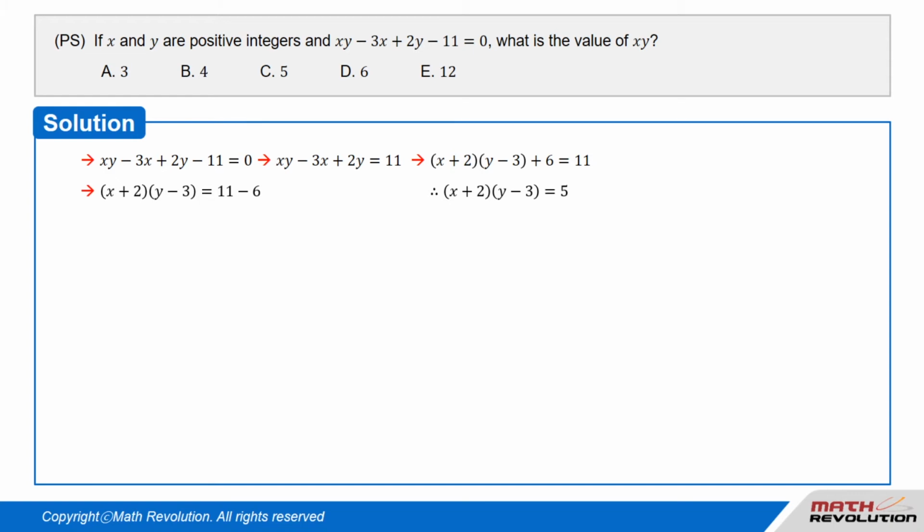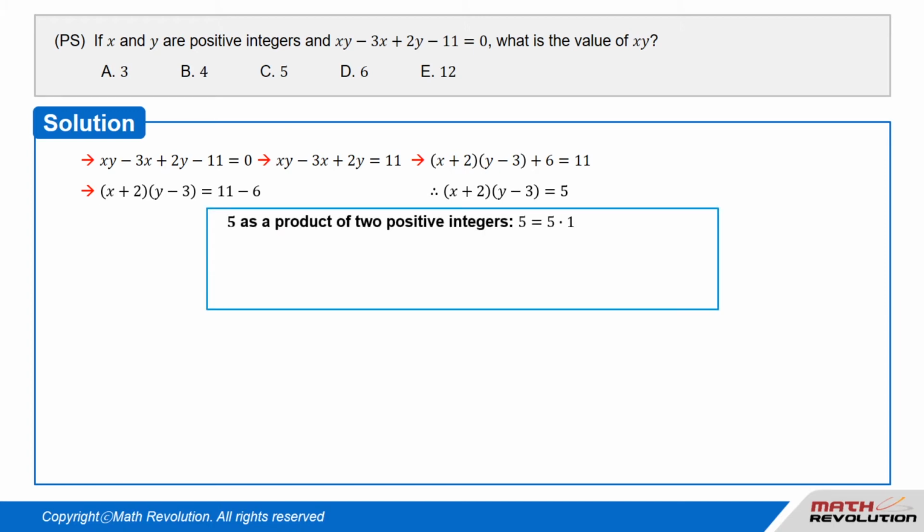Move the 6 to the other side, and we have (x + 2)(y - 3) = 11 - 6, or (x + 2)(y - 3) = 5.